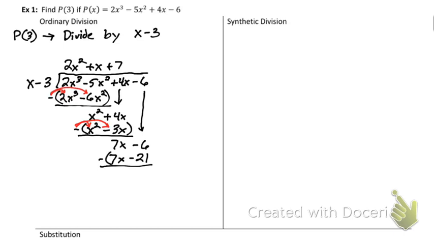Once again, we are subtracting that. You'll see I'll do those arrows every single time so I don't forget. 7x minus 7x is 0. Negative 6 plus 21 equals 15. That is your remainder.